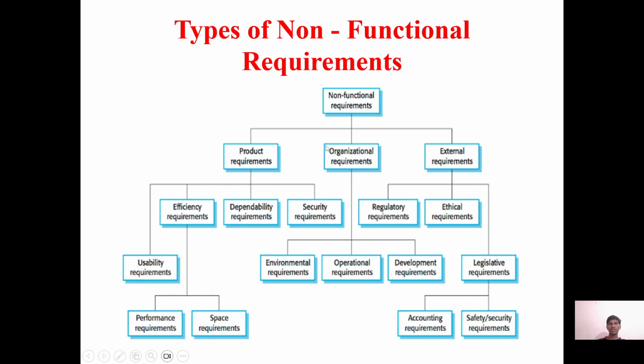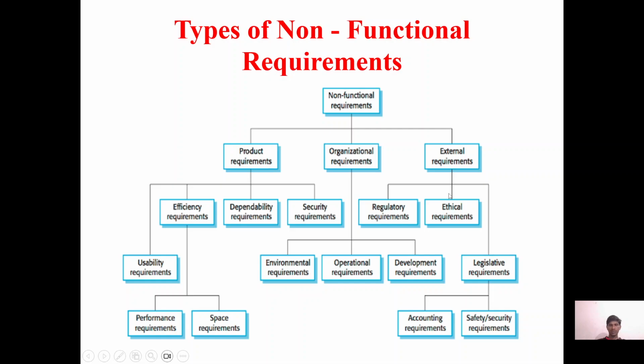Non-functional requirements are classified into mainly three types: product requirement, organization requirement, and external requirement. In product requirements you have usability requirement, efficiency requirement, dependability requirement, and security requirement. In organization requirements you have environmental requirement, operational requirement, and development requirement.